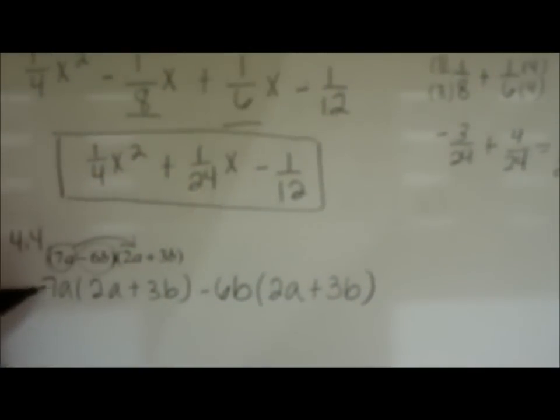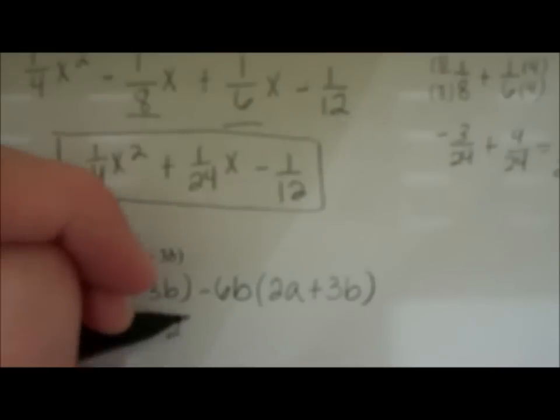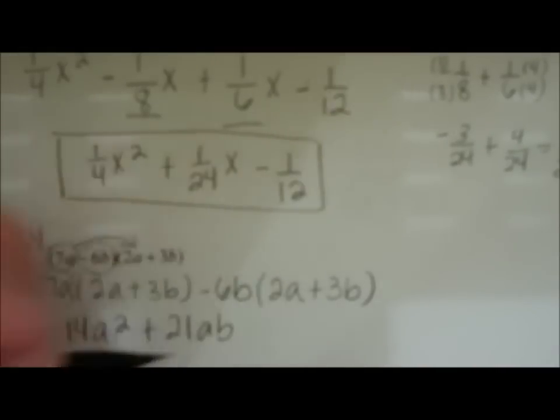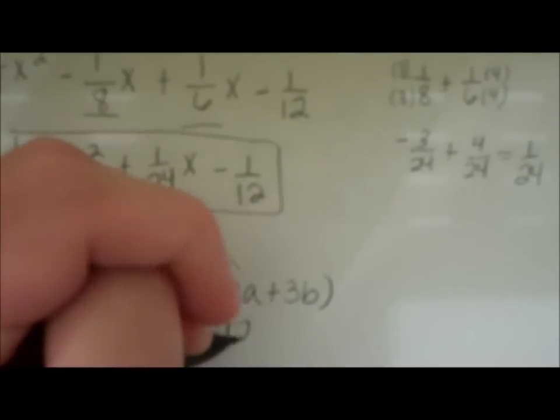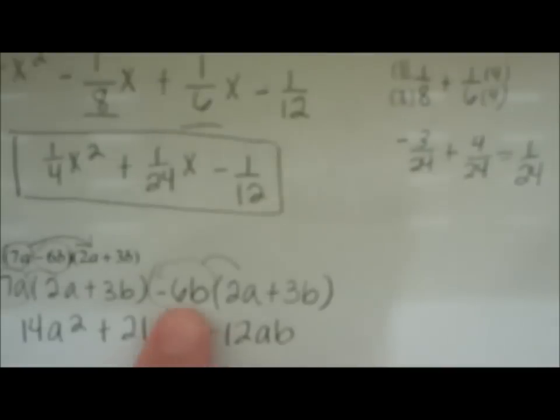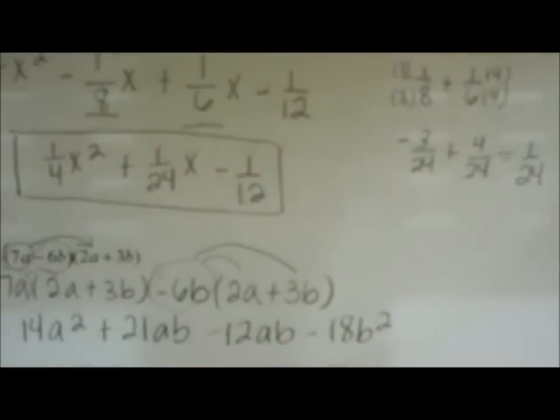I'm going to distribute it. 7a times 2a, 14a squared. 7a times 3b, positive 21ab. Negative 6b times 2a, negative 12ab, because you got a b and an a. Negative 6b times positive 3b, negative 18b squared.